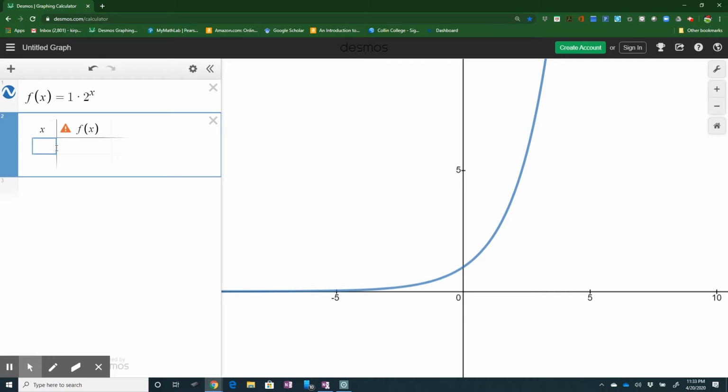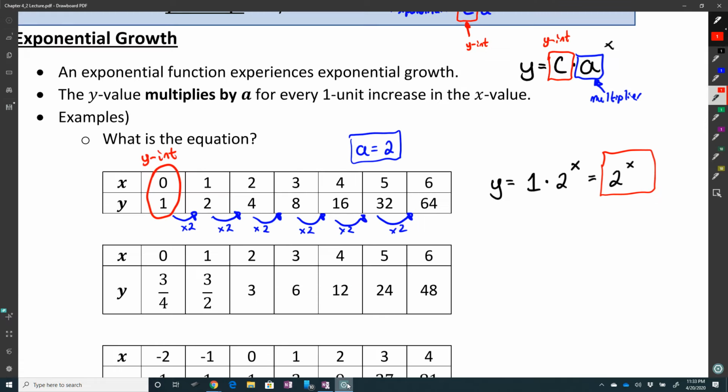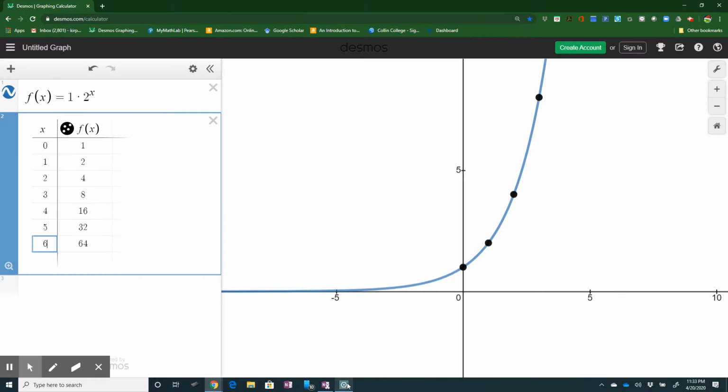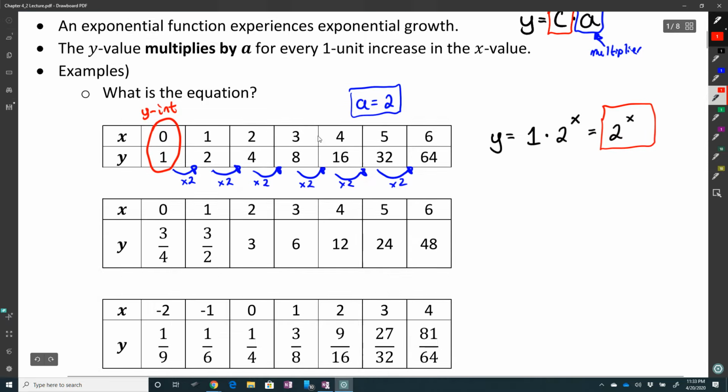Here we have 0, 1, 2, 3, 4. Notice that this table lines up with the values that we have over here. Anyway, so let's go to the next one.